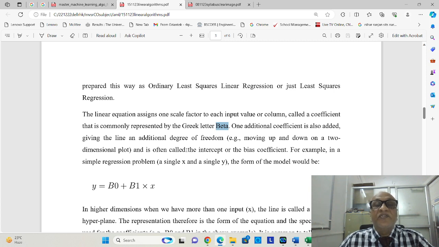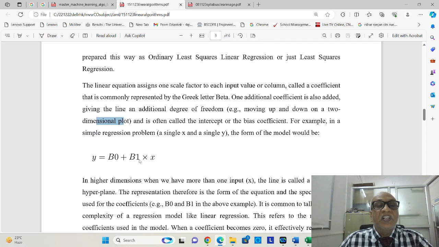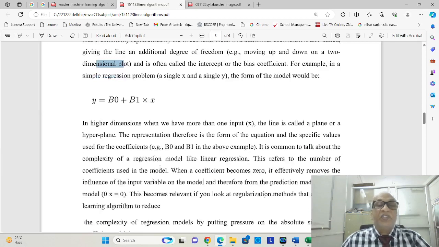This additional degree of freedom is actually the intercept or the bias coefficient. But with this, what is possible? Moving up and down on a two-dimensional plot. You always see this kind of relationship in a linear regression, right? y = b0 + b1 * x. So this is when we have a single x and a single y.